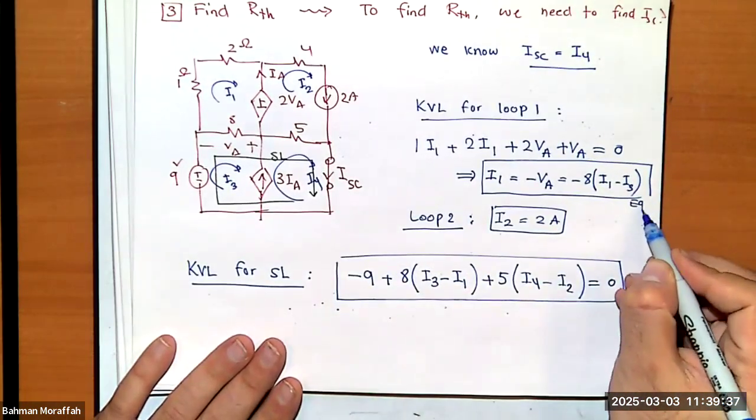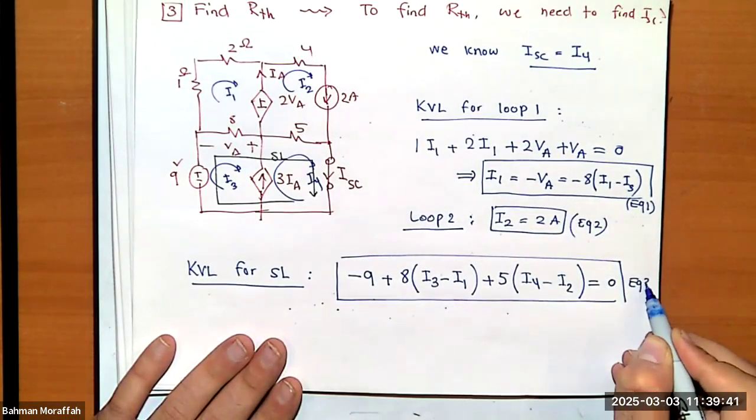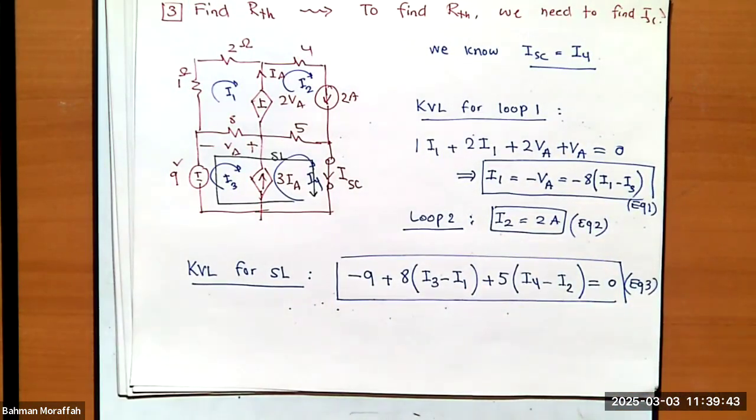Let's call this equation 1, this equation 2, this is equation 3. As soon as I combine 2 loops, I lose information, right? What is the information I'm missing over here? Exactly, I4 minus I3 equals 3IA, right?